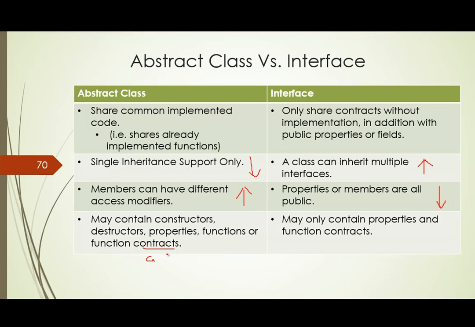That's it. An interface may only contain properties and functions, contracts. That's it, nothing more. But an abstract class can also hold implementations of functions rather than just the contracts. So these are the upsides and downsides.